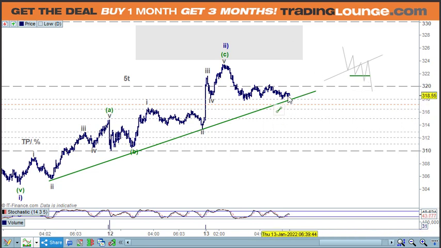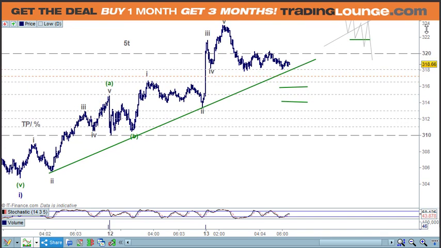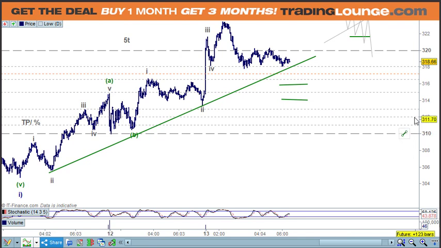And also once group 2 here, 65.72, becomes the resistance as well, then you can also look to short here, and then under the 50 here as well, the midpoint. So between 10 and 20, we've got the Fibonacci sequence 1, 2, 3, 5 and 8. We've got group 1 here, the midpoint, and group 2 here.